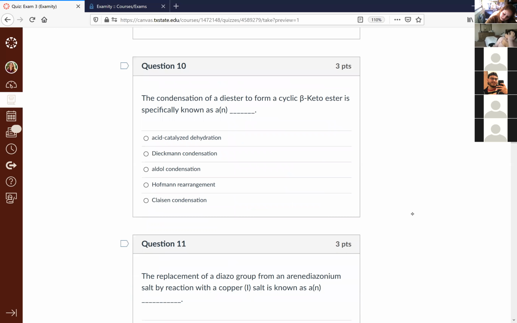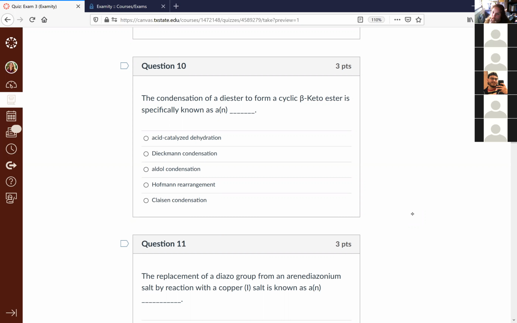Okay, number 10 has more functional group questions. So the condensation of a diester to form a cyclic beta ketoester is specifically known as what? What reaction makes a cyclic beta ketoester?